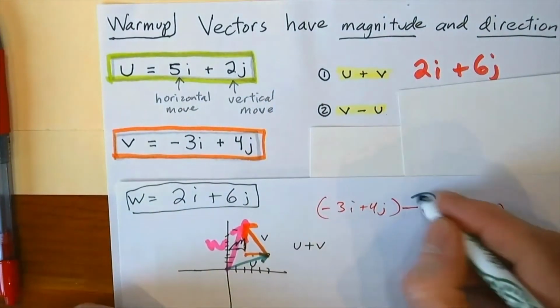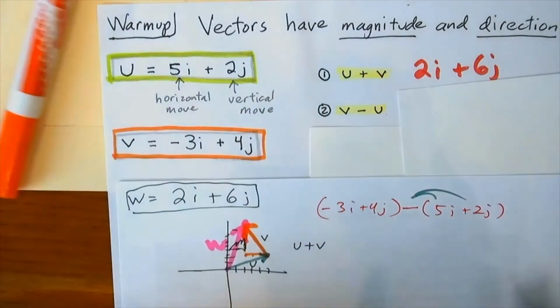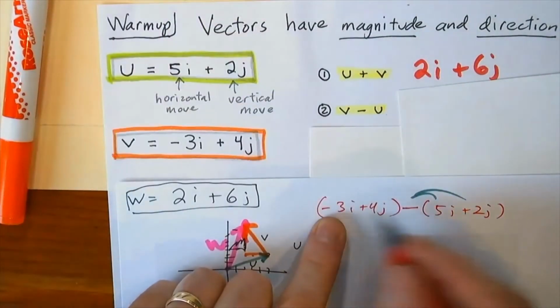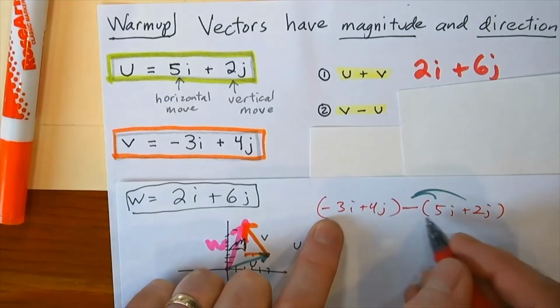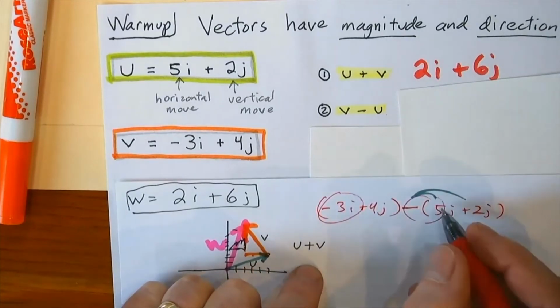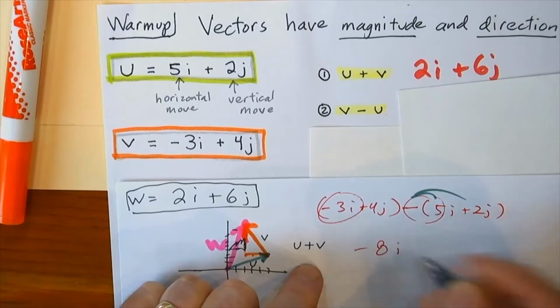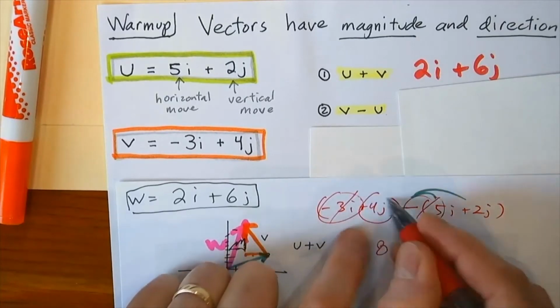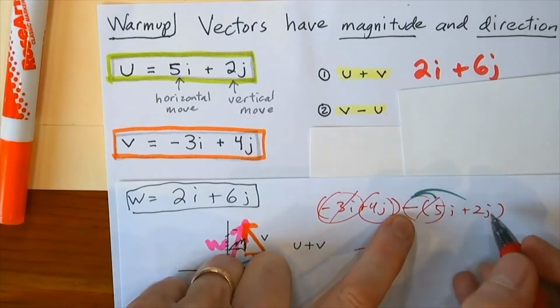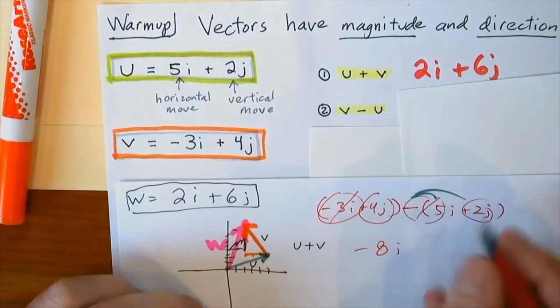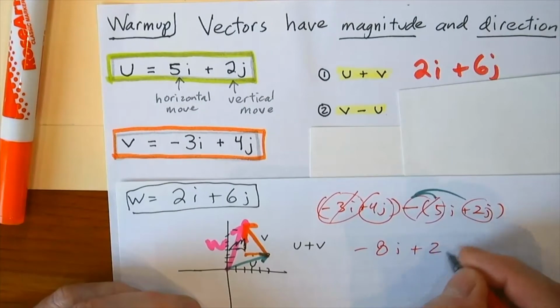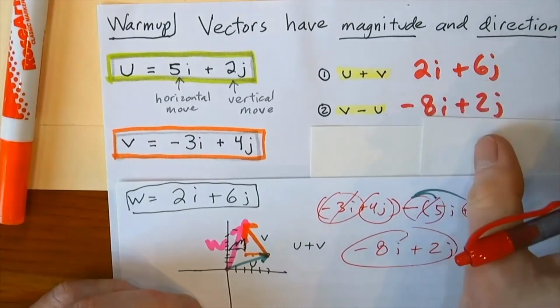Remember, a long time ago, distribute the negative, the evil negative. -3, subtract 5. -3 minus 5 is -8. And then now, 4j subtract 2j. So v subtract u. 4 minus 2 is 2. And this is your new vector.